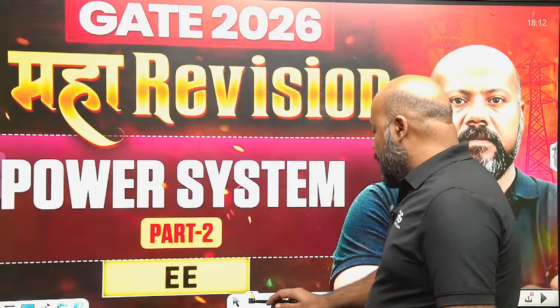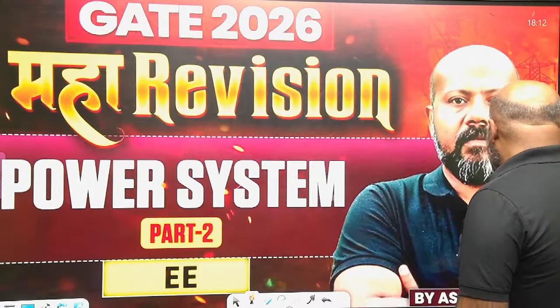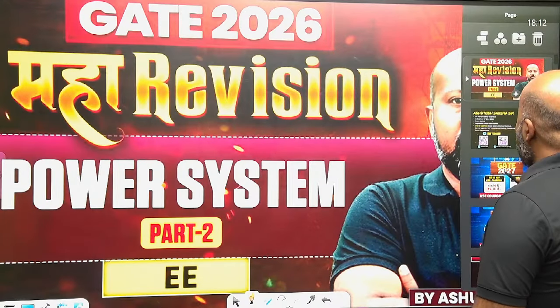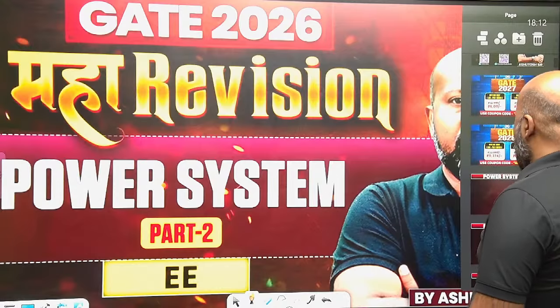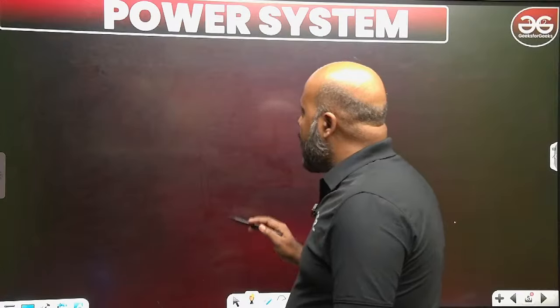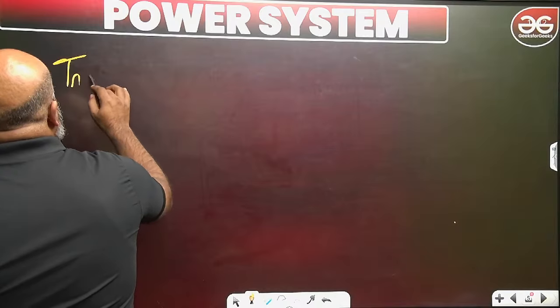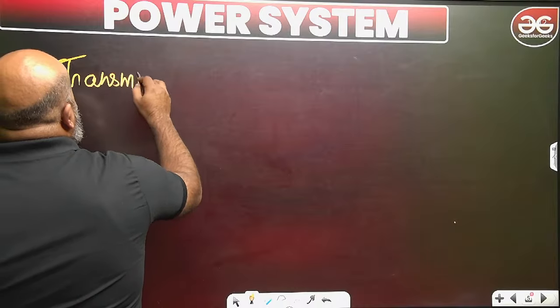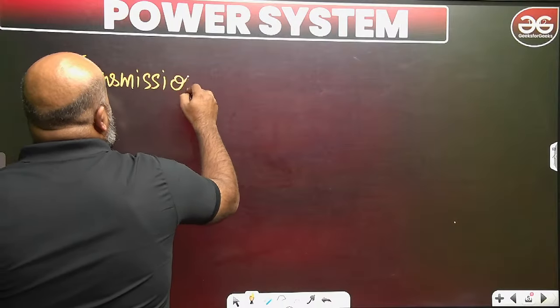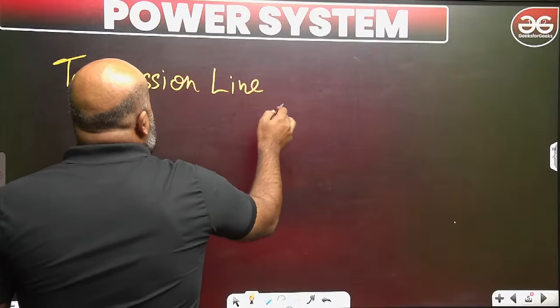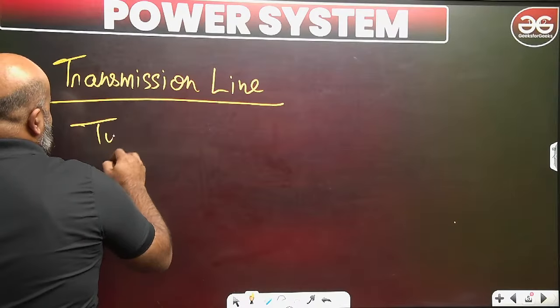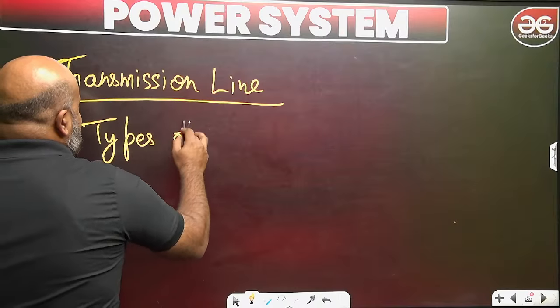Till you tell me about the audio and visual quality, let me brief you on what we were discussing in the last class. We were talking about the transmission line, and in that we were discussing the types of transmission line conductors.